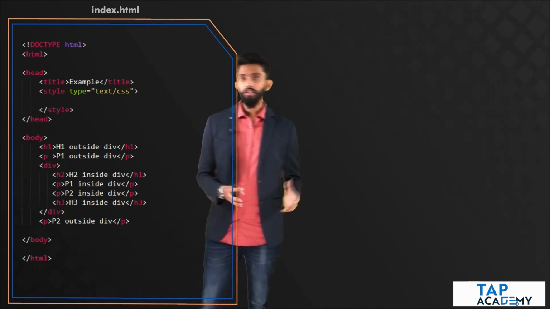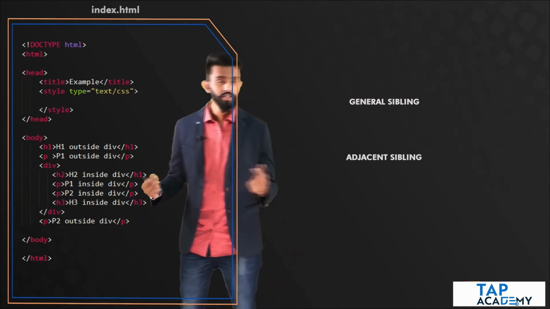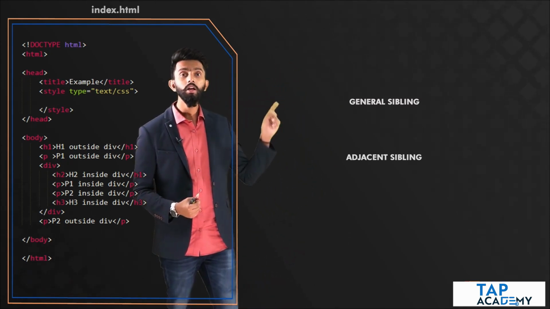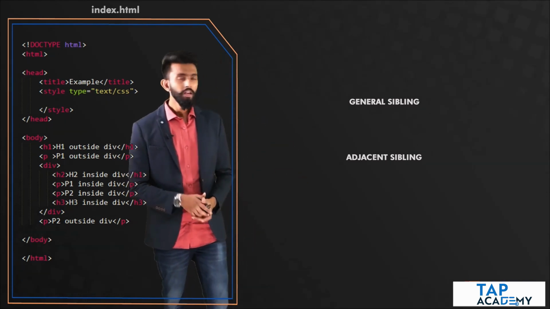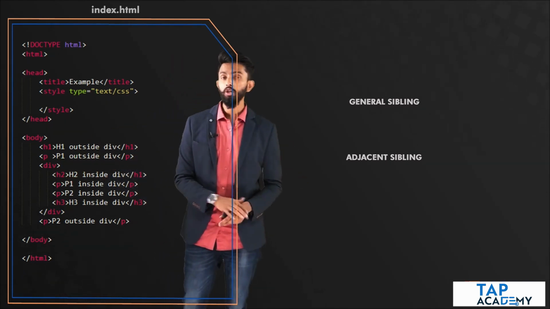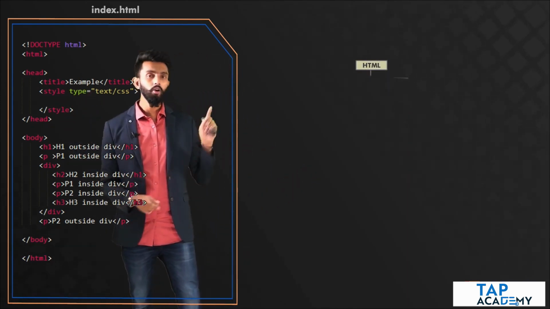Now let us first understand the meaning of two words: a general sibling and an adjacent sibling. These two words must be making sense to you. For that, I'm going to convert this into a tree. If you convert this HTML document into an HTML tree, how does it look? Start with HTML. Inside HTML, you have a tag called head.